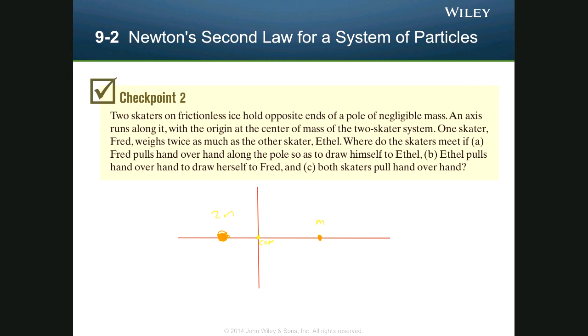Okie dokie. So what do you think? Good, all at the center of mass. Very, very good. Why? That is the important part. In the first case, while Fred starts pulling himself towards Ethel, there's frictionless ice, so while he's moving towards her, she also moves towards him.